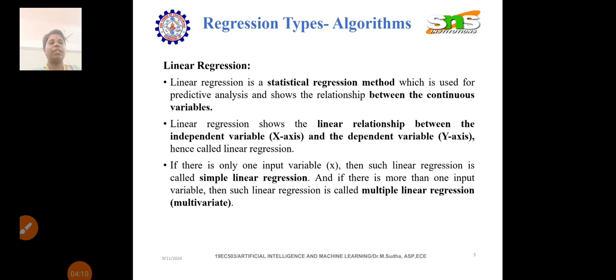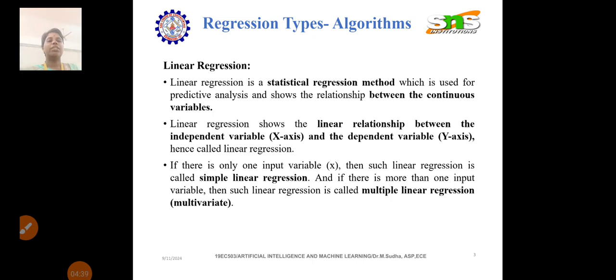If there is more than one input variable, it is called multiple linear regression. We recall that in linear regression, when the input varies, the output also varies linearly.